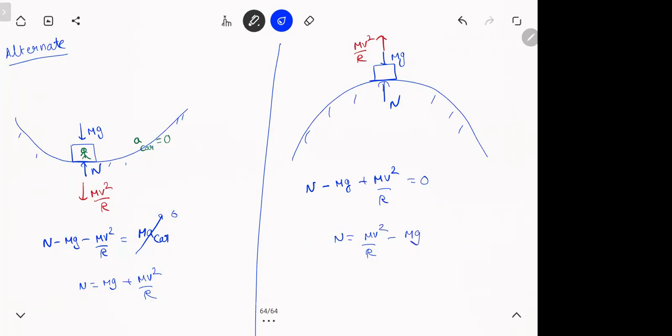So if you see the answer is same, only depends on how you're looking at it. Mg minus mv square by r.